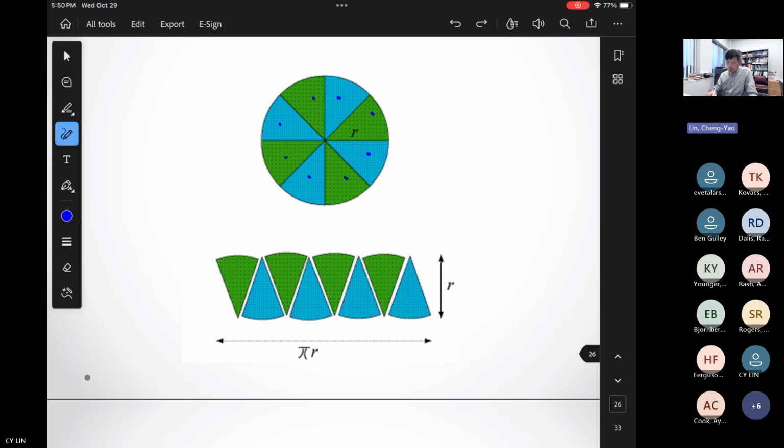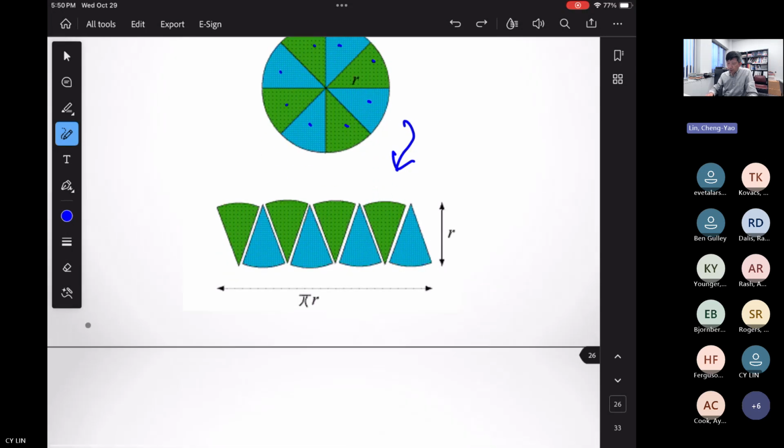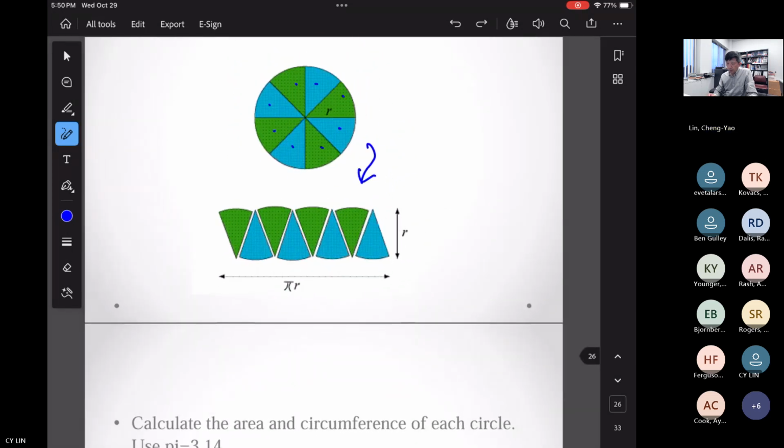the circle like this. Rearrange the circle like this. And since we say circumference is equal to diameter times pi, we already found this. And the diameter is actually equal to 2 radius. 2 radius is equal to diameter.